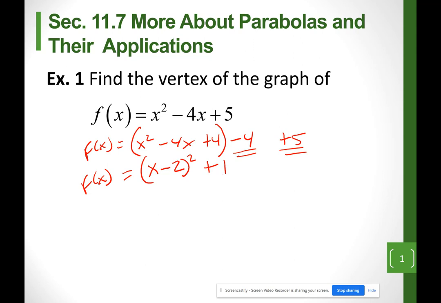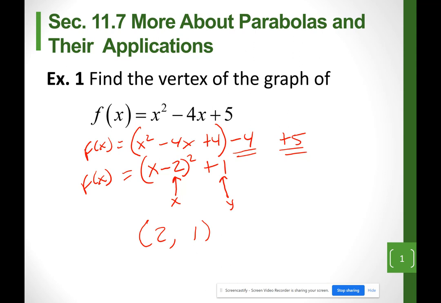Now, the vertex. The reason why we want this is because in the previous section, we said that the vertex, this is my x value, just opposite sign. And this number at the end, that's my y value. So to find the vertex of this graph, I'm just going to say the vertex is positive 2, positive 1.